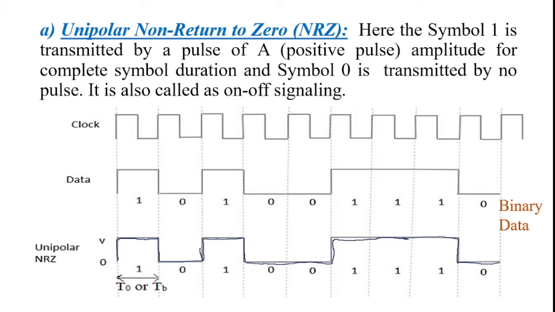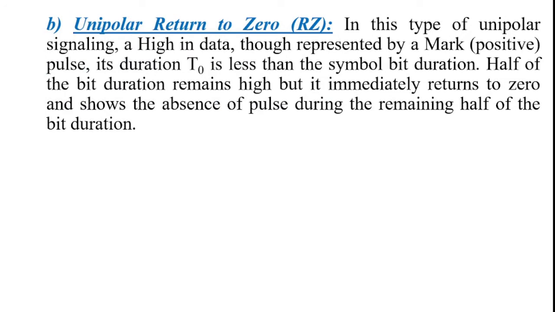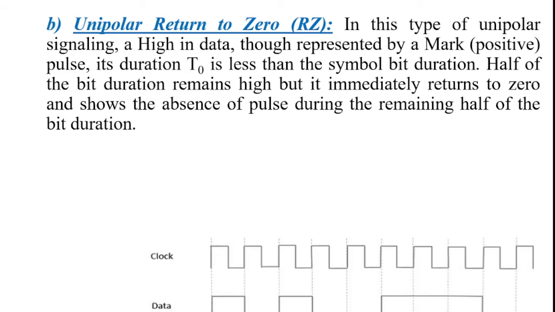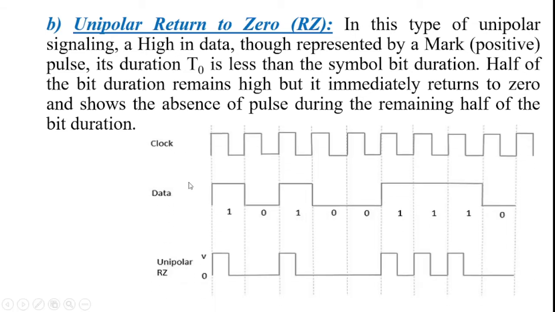And the second type of unipolar signaling or unipolar coding is return to zero. Unipolar return to zero. And what is unipolar return to zero? In this type of unipolar signaling, this is the binary data signal or binary sequence, and this is high in data and this is low in data.